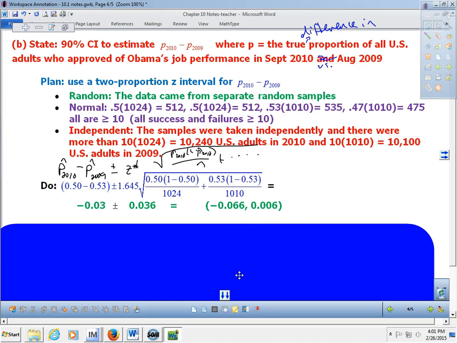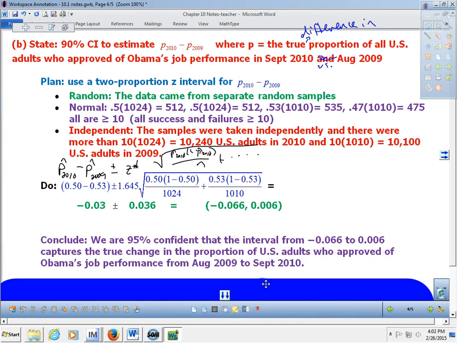Which means, and that's what we get to tell everybody now in our conclude step, we are 95, not 95, this is a typo. We are 90% confident that the interval from negative 0.066 to 0.006 captures the true change in the proportion of U.S. adults who approved of Obama's job performance from August 2009 to September 2010.